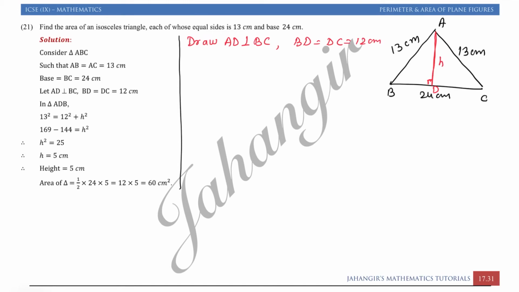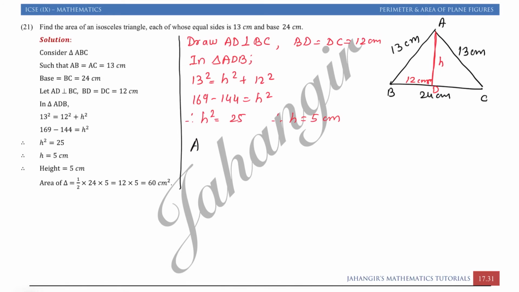So this is what height we will consider in triangle ADB. 13 square is equal to h square plus 12 square, Pythagoras theorem, as this is 12 centimeter. So 169 minus 144 is equal to h square. Therefore h square is equal to 25, so h is equal to 5 centimeter. So we get the value of h as 5 centimeter, which is the height.